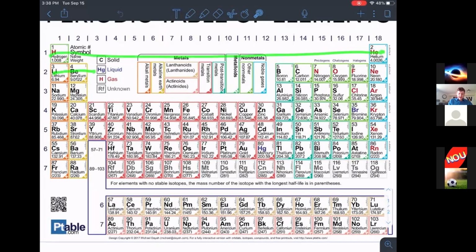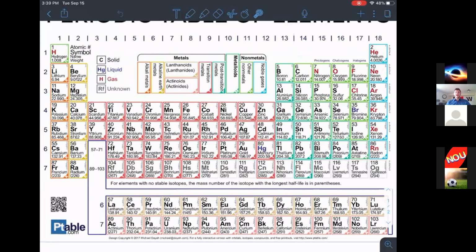If we're in that second row or that second period, that means we're going to have 2 orbitals going around the nucleus. And that's just going to keep going as when you go to the third row, the fourth, the fifth, however many rows you have, that's how many orbitals or rings you're going to put around your nucleus.